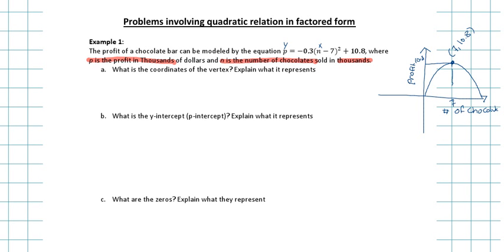Okay, so let's answer the question. So the vertex is, when you're writing the vertex, you have to write it exactly the same way. So 7 and 10.8. You don't put 7,000 and 10,800, okay? Because when you're graphing it, it's at 7 and 10.8. You okay?